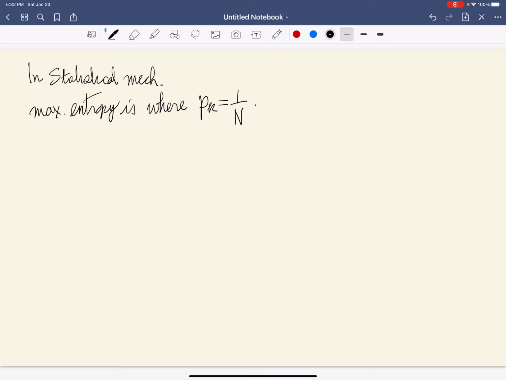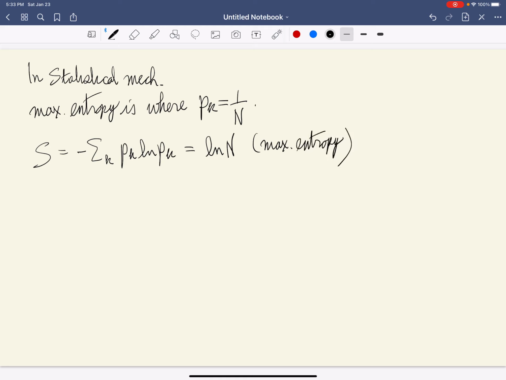And that's the state with the least amount of information or the most amount of disorder. In that case, the entropy, the sum of p log p, works out to what? Log of n, right? This is something you can easily check. So this is the maximum entropy you can possibly have for a system with n possible outcomes.